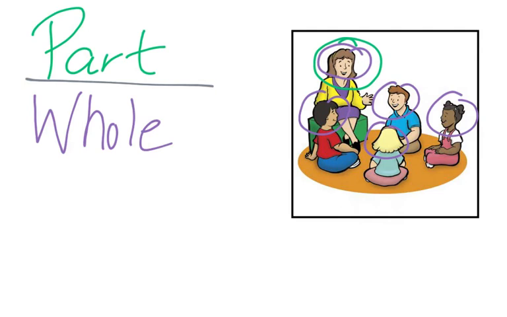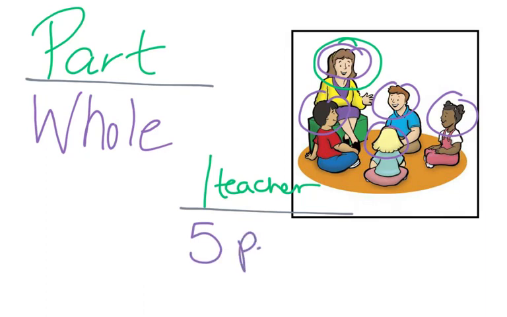So as a fraction, I could write that as one teacher to, notice I'm using the word to, there are other ways to say fraction as well, we'll talk about later, 5 people. We could also say this as one teacher for every 5 people. And in later videos, we'll talk about how fractions also represent division.